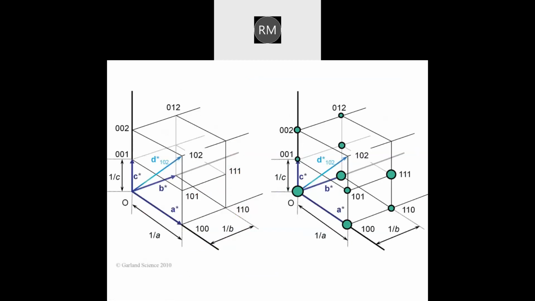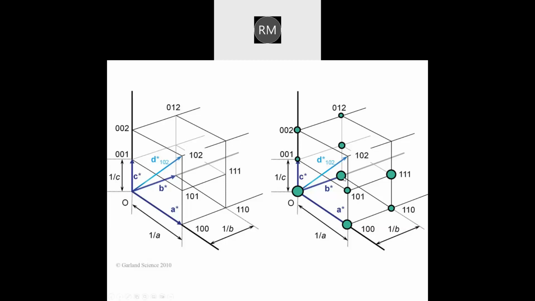So each diffraction spot is a reflection from a set of planes. Like this spot is a reflection from a particular set of planes. This is from a different set of planes. This is from a different set of planes. How many electrons are on the set of planes determines the intensity of these spots. And the positions of these electrons with respect to each other determine the phase angle of the spot.